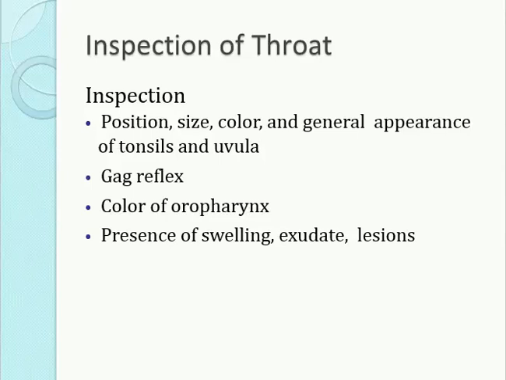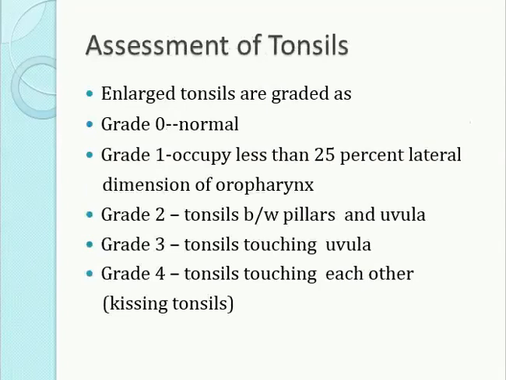Throat is inspected for position, size, color and general appearance of tonsils and uvula. Also it is inspected for gag reflex, color of oropharynx and presence of swelling, exudate or any lesion. In inspection of throat, we also inspect tonsils. If they are enlarged, then they are graded.